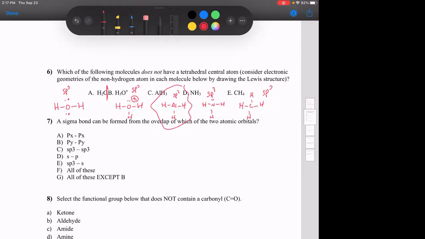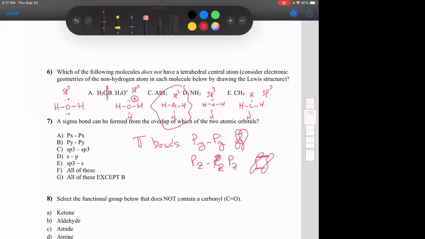All right, so a sigma bond can be formed from the overlap of which of the two atomic orbitals shown below. So the way I like to think about this is pi, right? Pi bonds are going to come from two things that we've learned about, py and py overlap, right? So that's when they're side by side like this, or pz, pz. And that's when they're side by side as well.